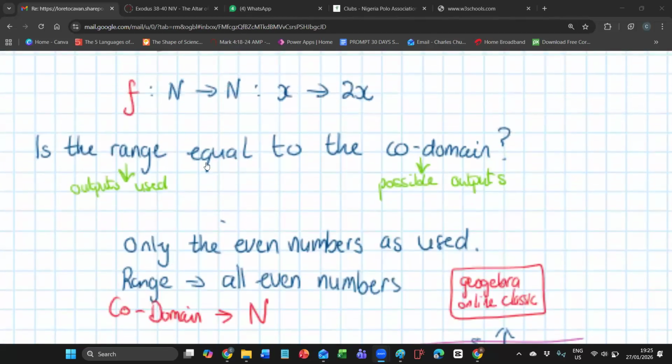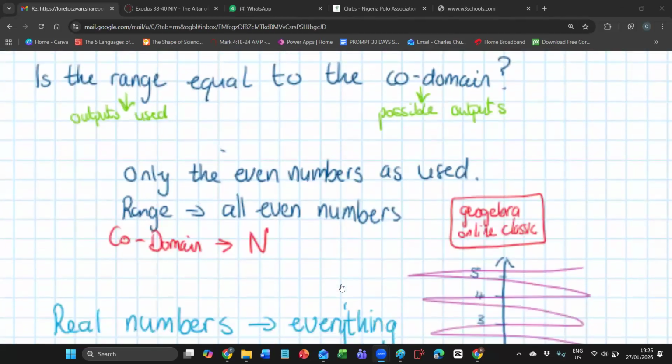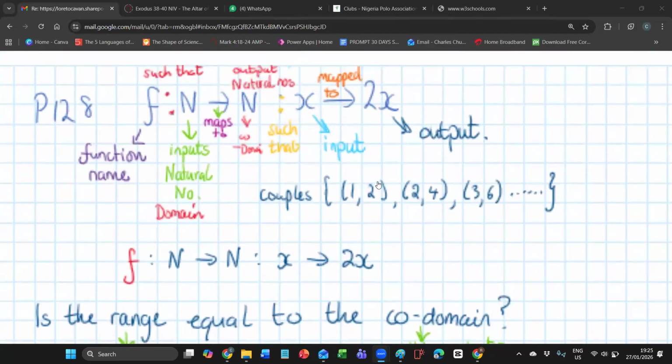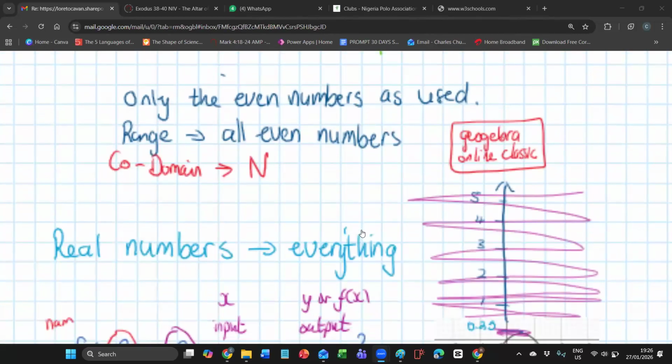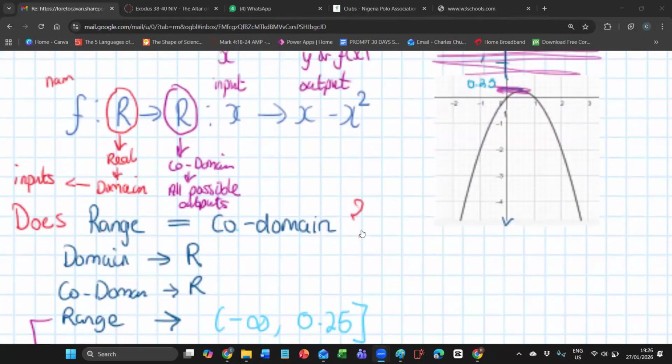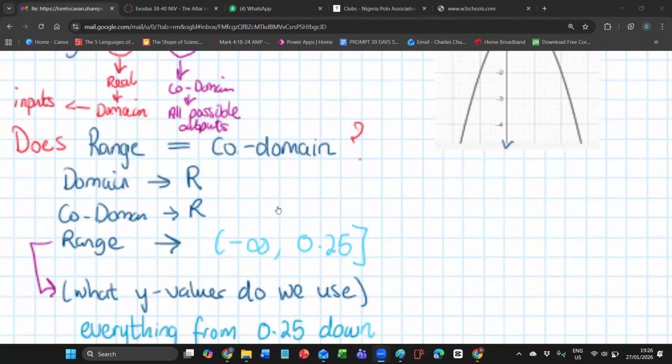So the answer for this question is no. And that's based on our understanding of what's going on here. 1, comma 2, 2, comma 4, 2 being mapped to 4. It excludes all the odd numbers. Oh, I can see it now. Minus x squared. Okay, that's the reason why. It didn't look clear.